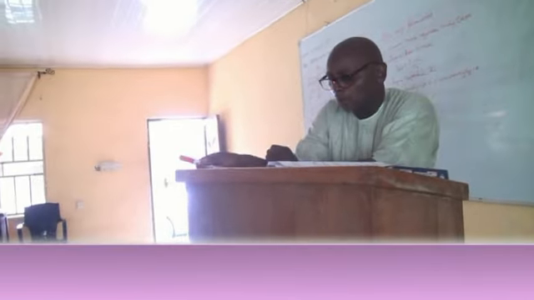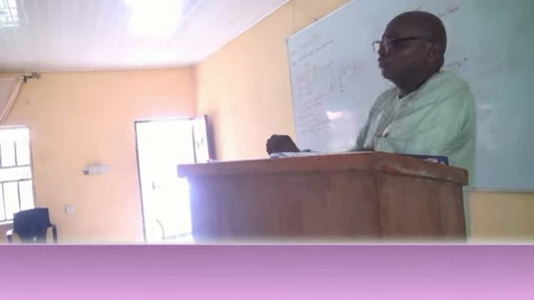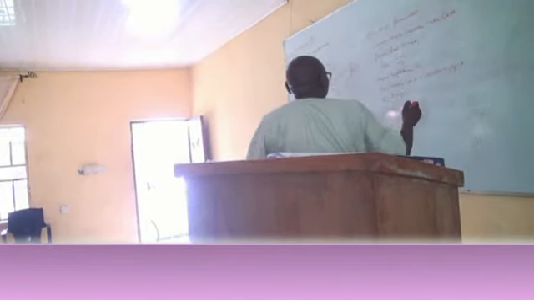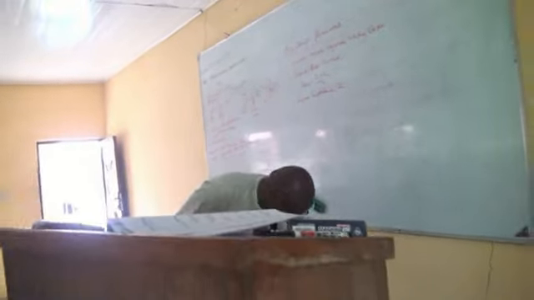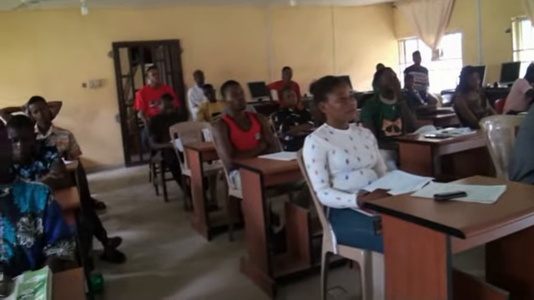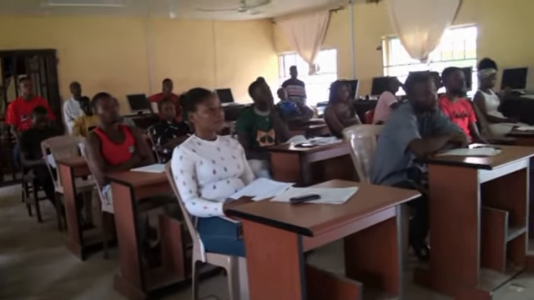Those of you electrical students, I expect you to understand this topic very well, because we have number 4, which is input offset current. It is the difference of the input bias currents.